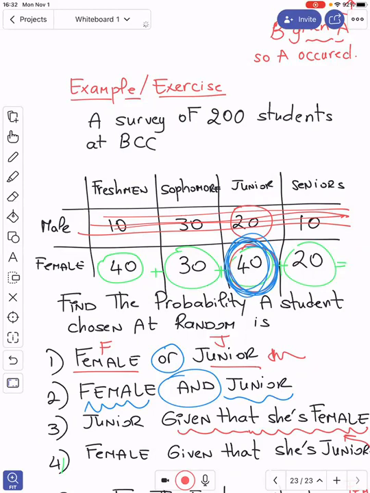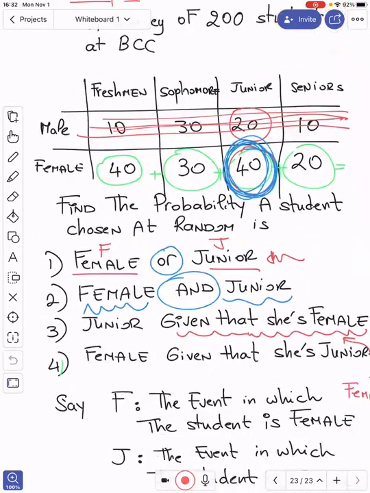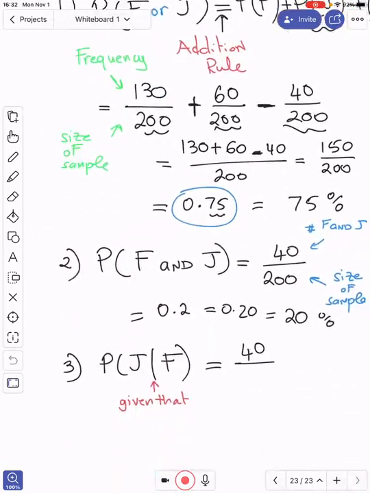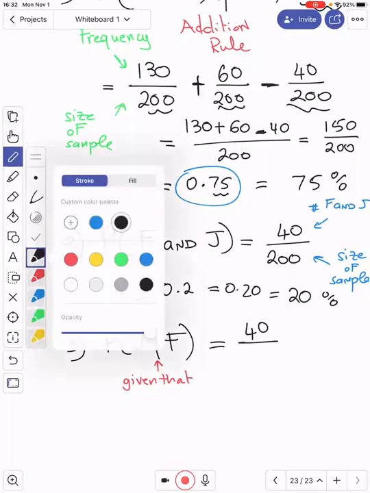That's the number of females. Given that the student is female, it's a fact, so we just focus on the females. So here we need to divide the 40 by 130, not by the 200.